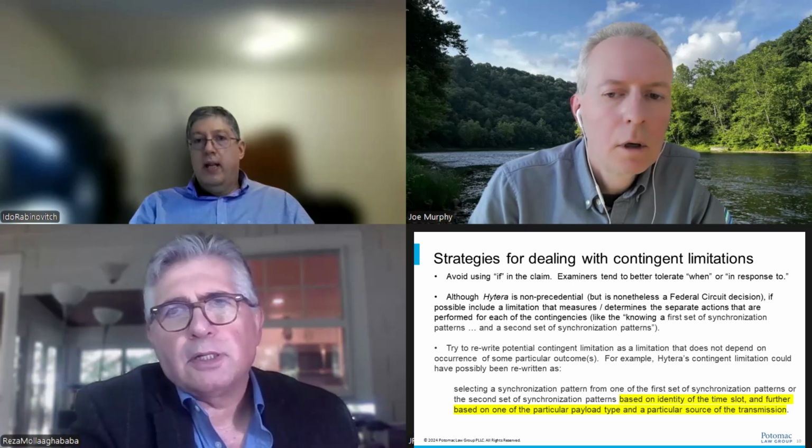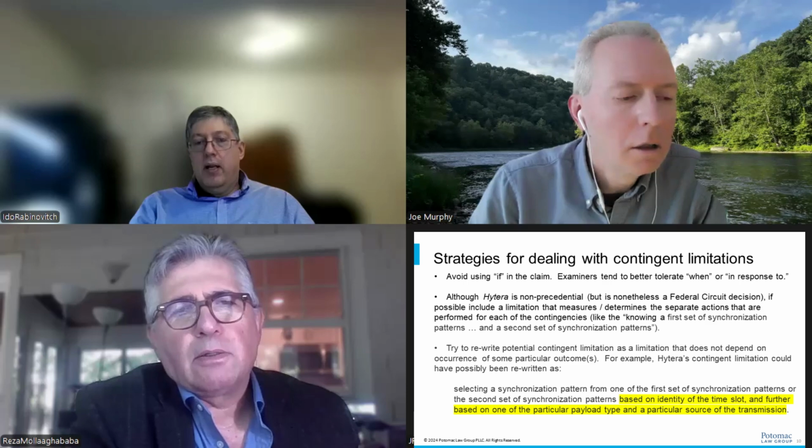Yeah, that makes sense. I think this is a good strategy. The other one I like, Rez, is the one you had mentioned: drop these options down into two separate dependent claims. Have your main method claim end with the determining step, and then your options for whatever you're going to do next become claims 2 and 3.